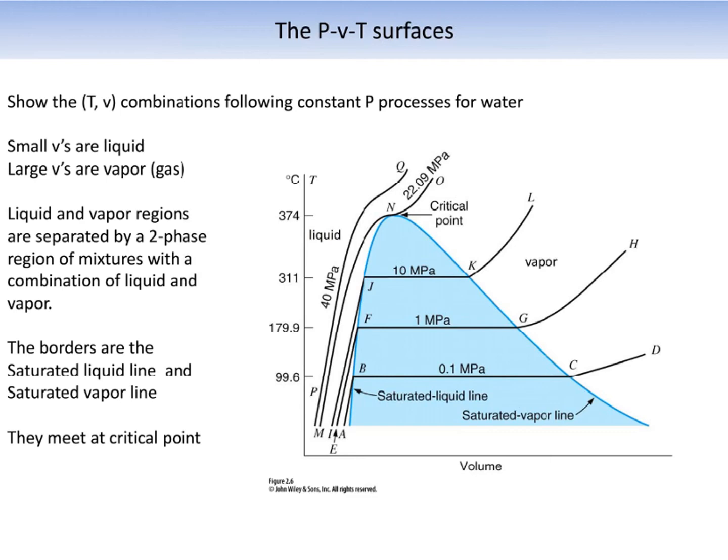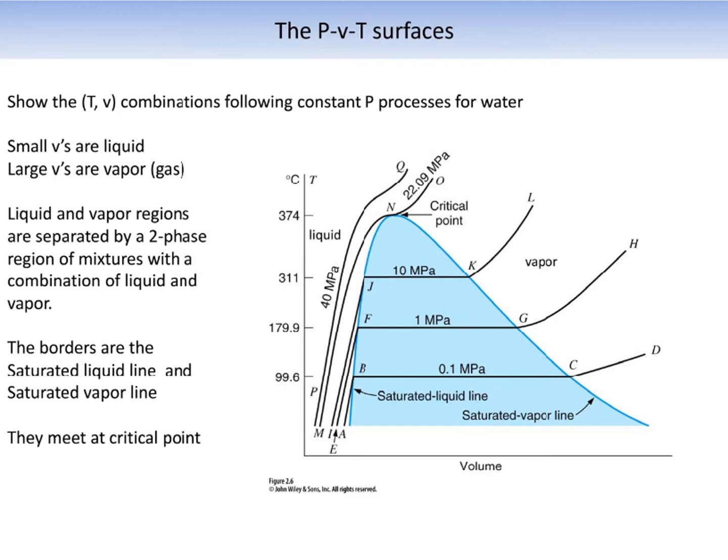How much volume a unit mass of pure substance exhibits at a certain state, a combination of pressure and temperature, is called specific volume. We have already discussed it in on-campus classes.